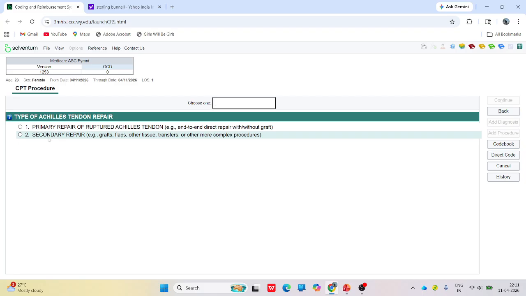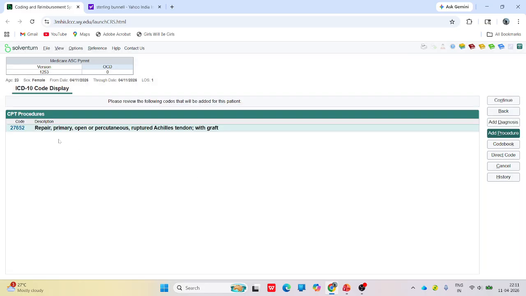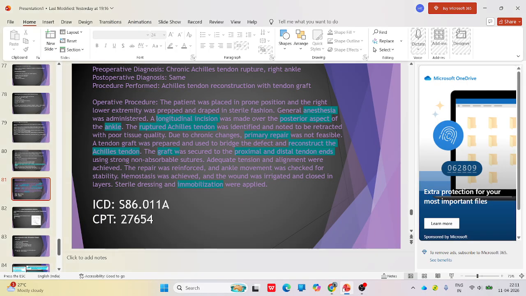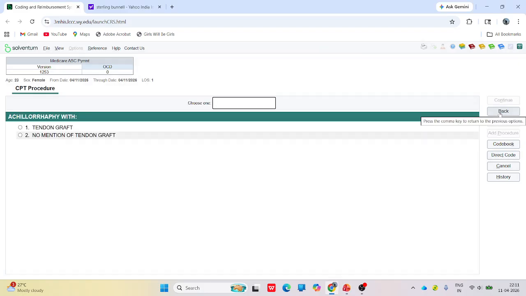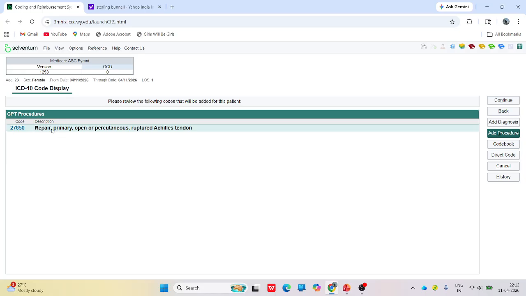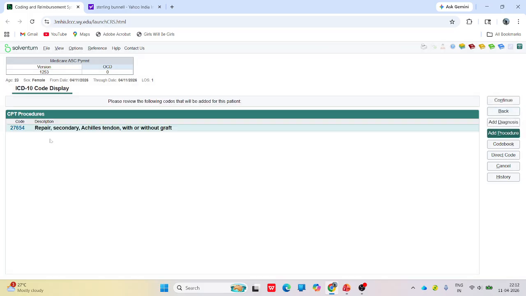So a graft has been done there, and end to end Achilles tendon primary repair, tendon graft 27652. Showing no mention of tendon graft 27650. 27654, because the repair is secondary.